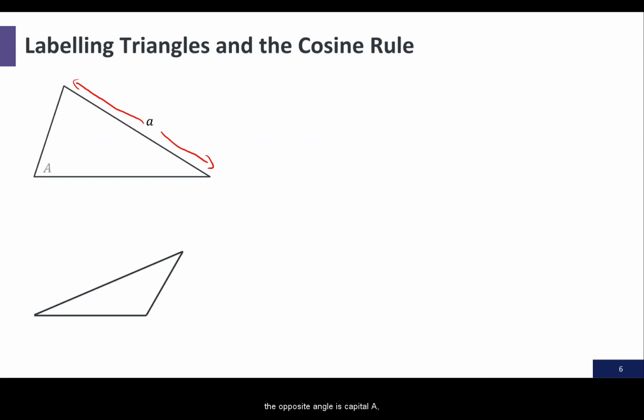The opposite angle is capital A. This side is lowercase b, and the opposite angle is capital B. The final side is lowercase c, and the opposite angle is capital C.